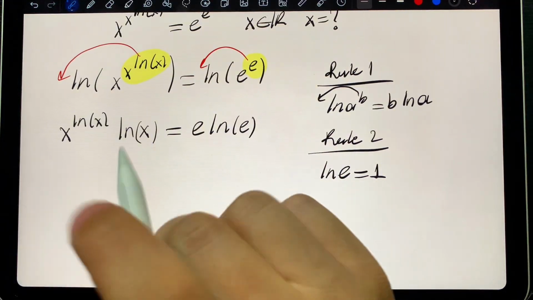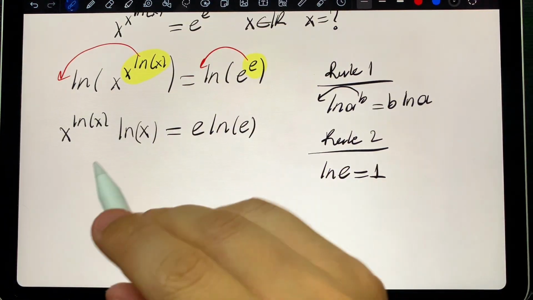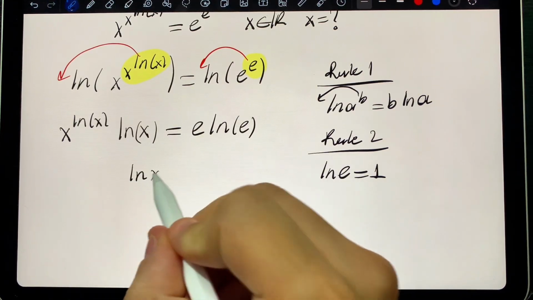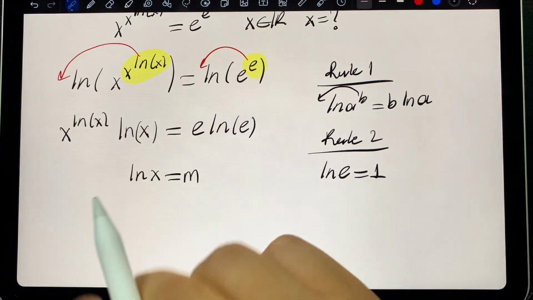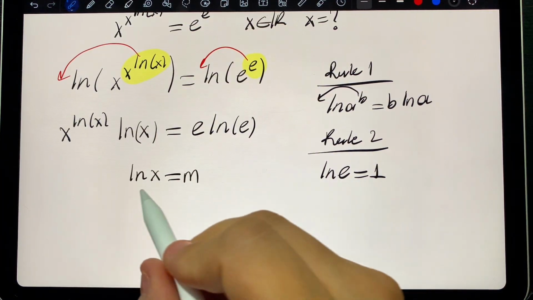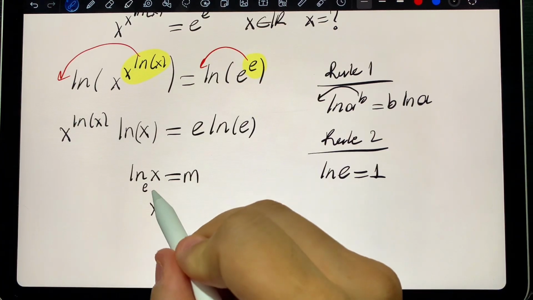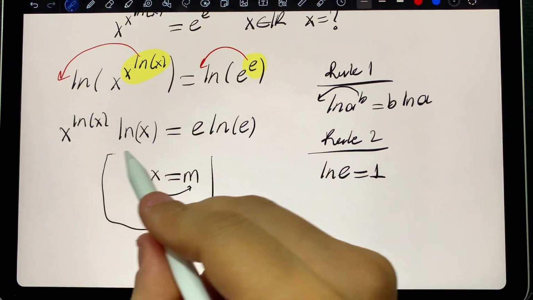Now let's make a name here. Let ln x equals m. Natural logarithm, be careful.